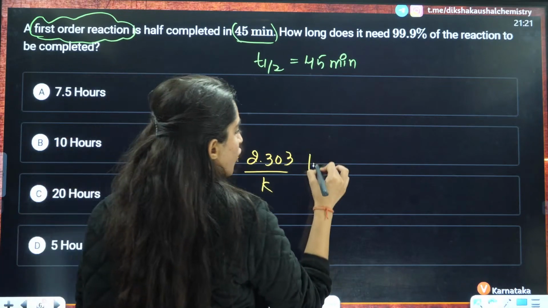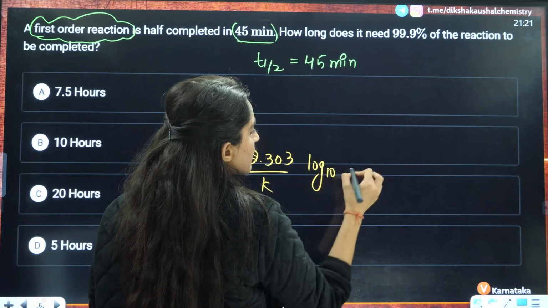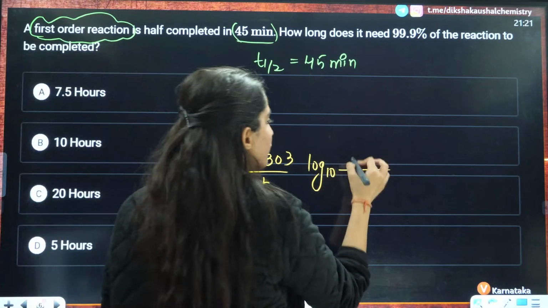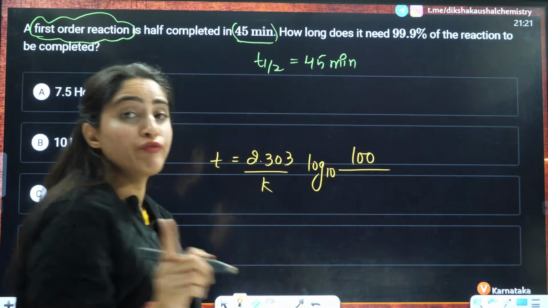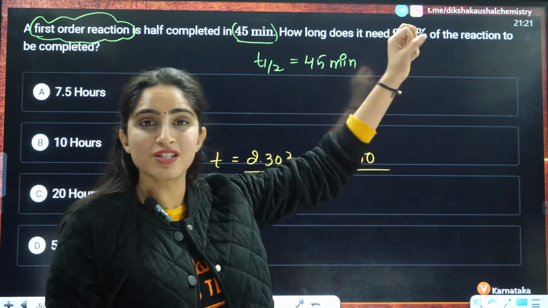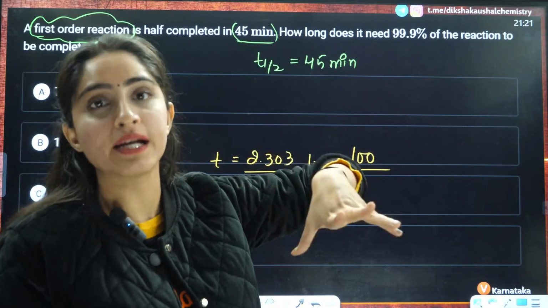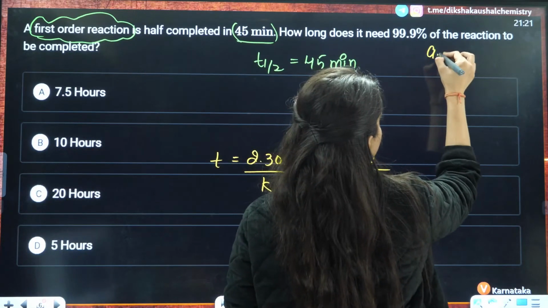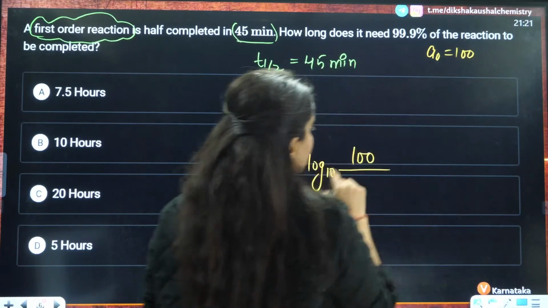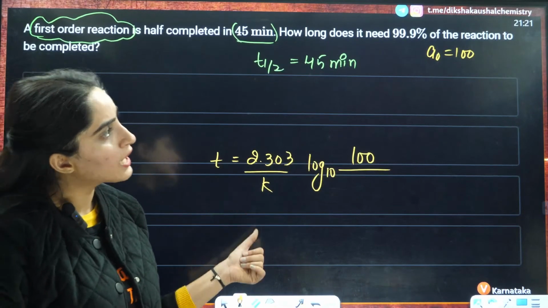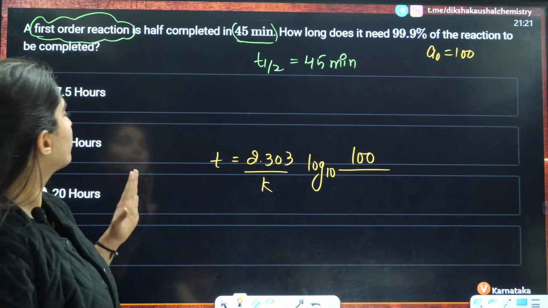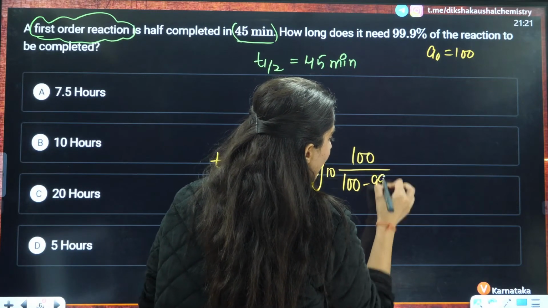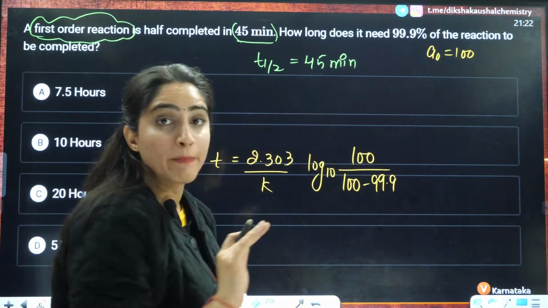So it will be log base 10 of the initial concentration, that will be 100. I told you whenever the concentrations are given in terms of percentage, take the initial concentration as 100. And here they are saying when 99.9% of the reaction is completed, that means out of this 100, 99.9% is completed.